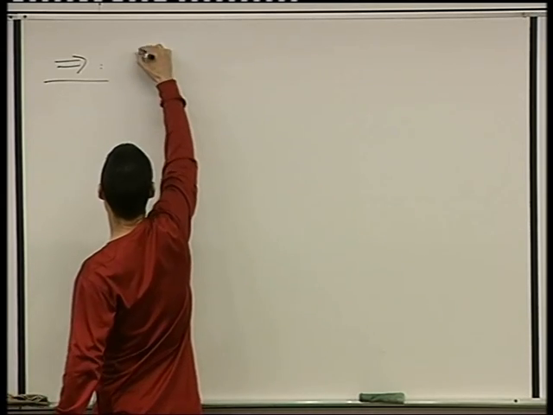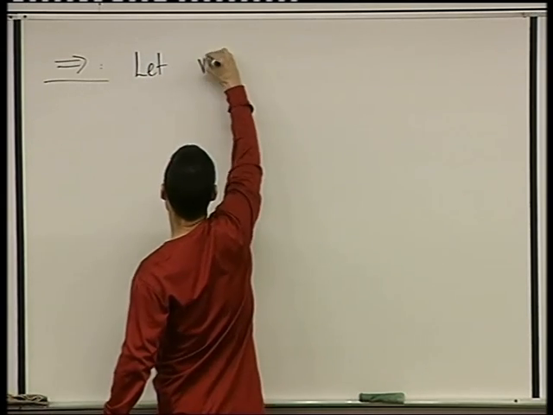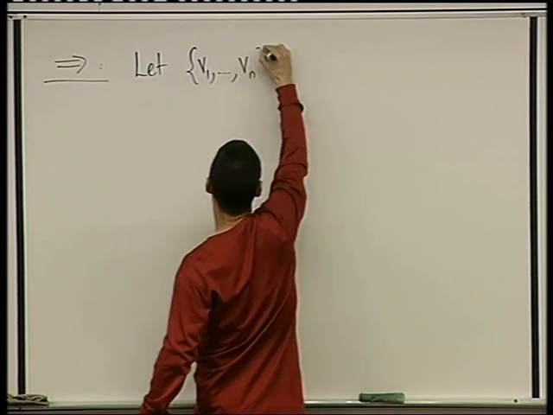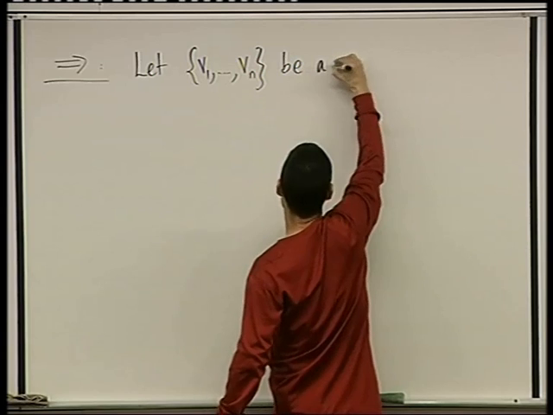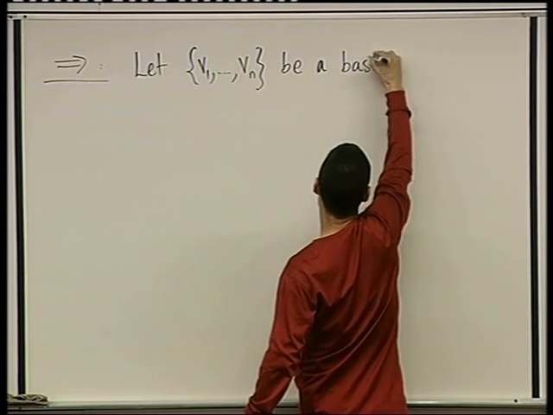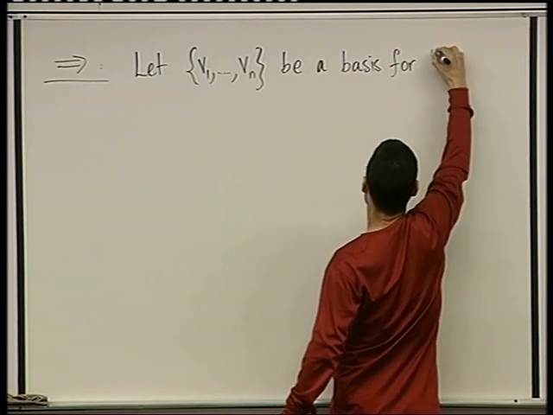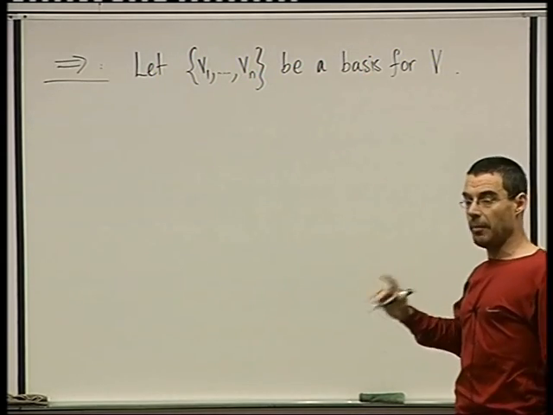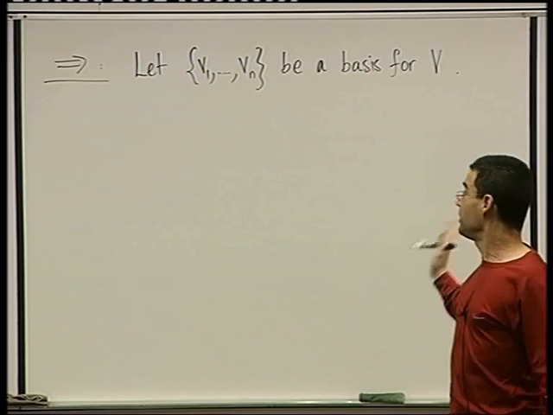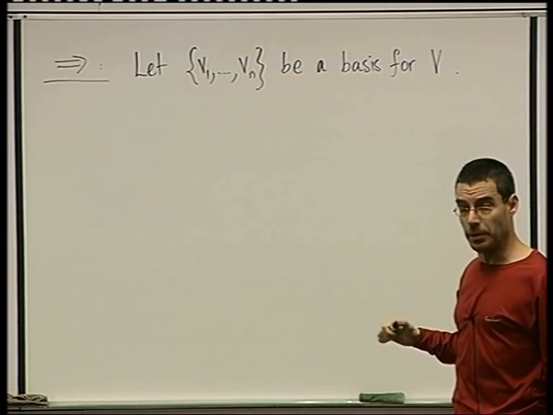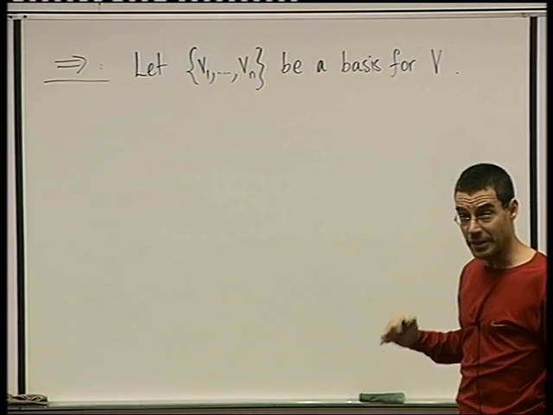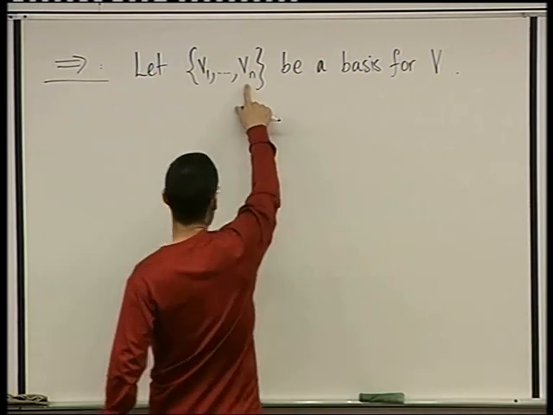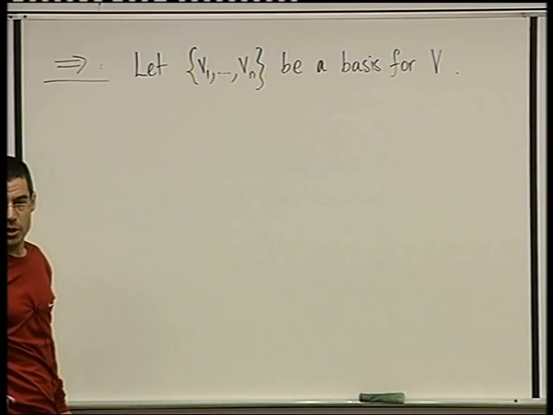So let V1 to Vn be a basis for V. I can't take W1 to Wn a basis for W because I don't know that W is of dimension n. Right? That's what I want to prove in this direction. So I'm assuming that V has dimension n. I want to show that that's the dimension of W.